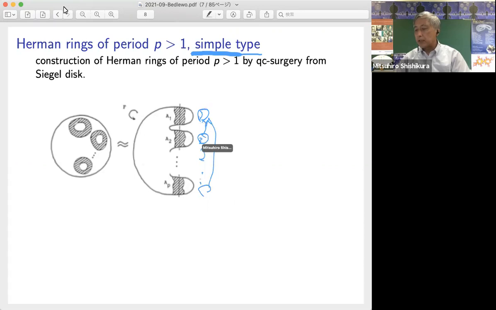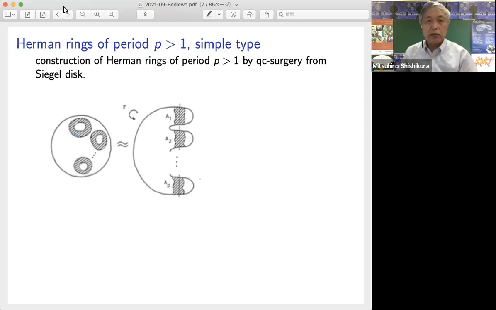Suppose this composition has a Ziegler disk; then you cut out the Ziegler disk by invariant curves and glue them together. By surgery, you can create a Herman ring of period P. At least at the beginning, this was not known, and this you can do.